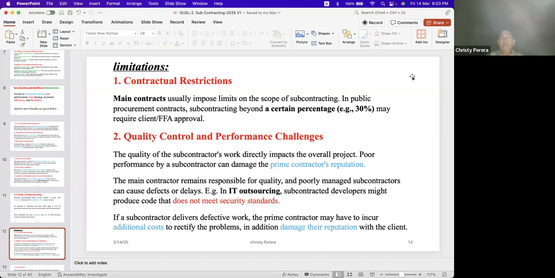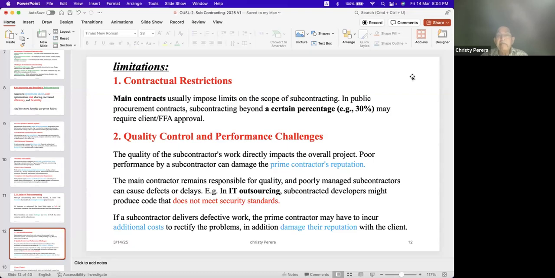They develop some code, coders, right? But it does not meet security standards, cyber security standards. So then the whole project will be a failure or have problems.